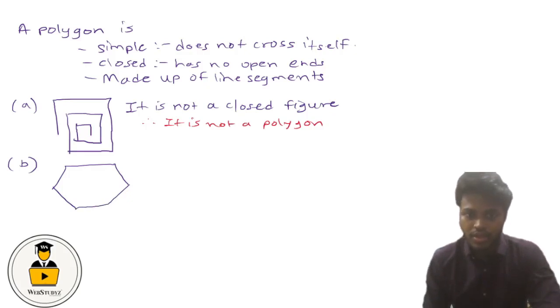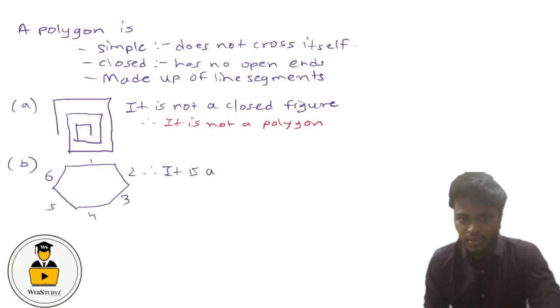It does not cross itself. It is a closed figure and it is made up of line segments. If we count, it is made up of a total of 1, 2, 3, 4, 5, and 6. So it is made up of a total of 6 line segments.